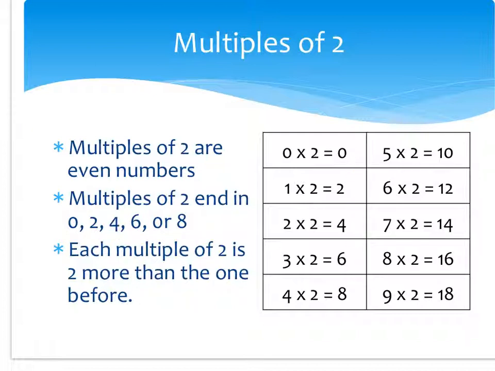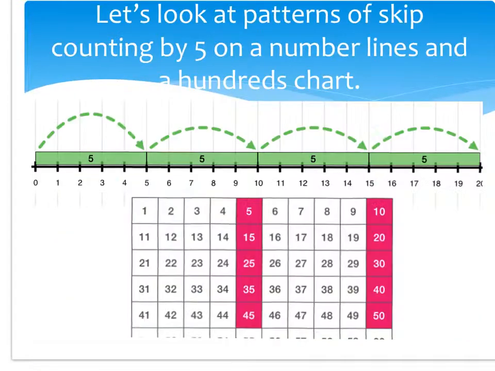Even if it's a double-digit number, it will end in the number 0, 2, 4, 6, or 8. The last thing we need to know about multiples of 2 is each multiple of 2 is 2 more than the one before, and we saw that on our number line and in our hundreds chart.